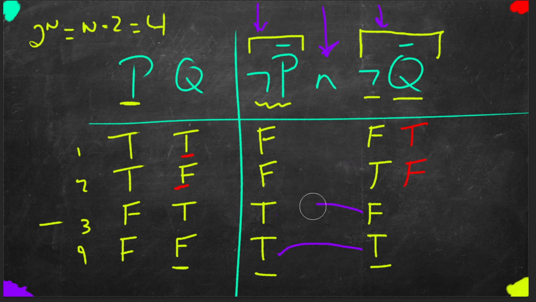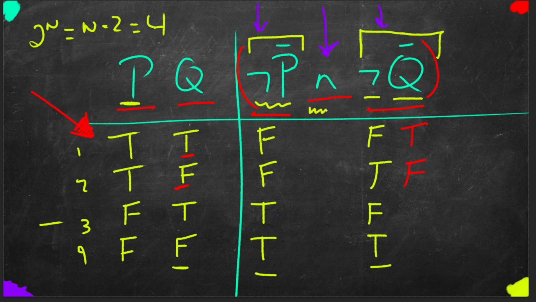The thing to point out is you are no longer going to look at the truth values over here. We're no longer concerned with the truth values of P and Q. We're concerned with the truth values of not P and not Q. We're going to use those truth values and the conjunction valuation function to determine the truth value of the entire formula.